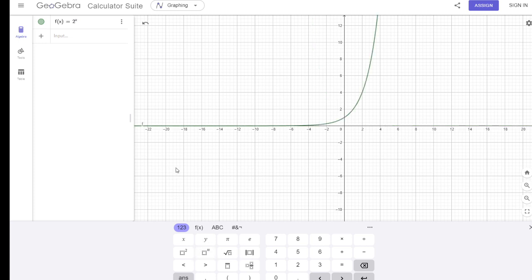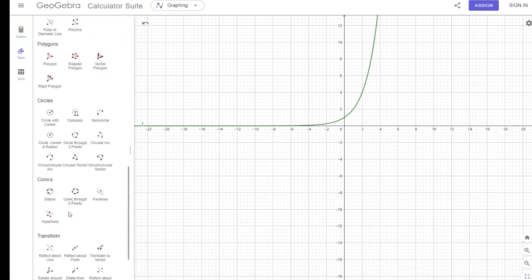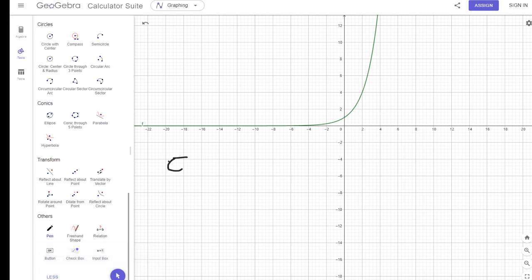All right, 2 to the x. Let's leave that one right there. And all right, so if I have another graph, y equals 2 to the x plus 1 minus 6, okay?